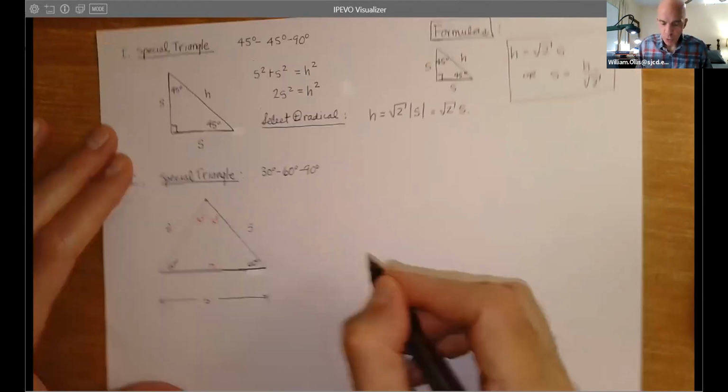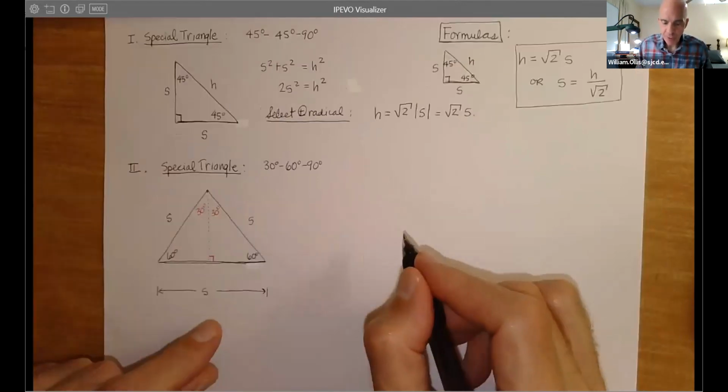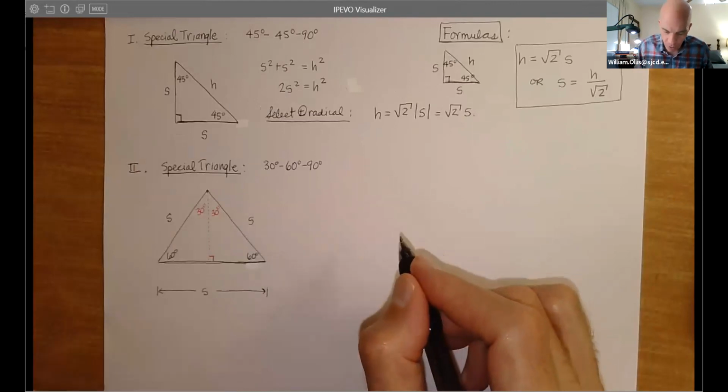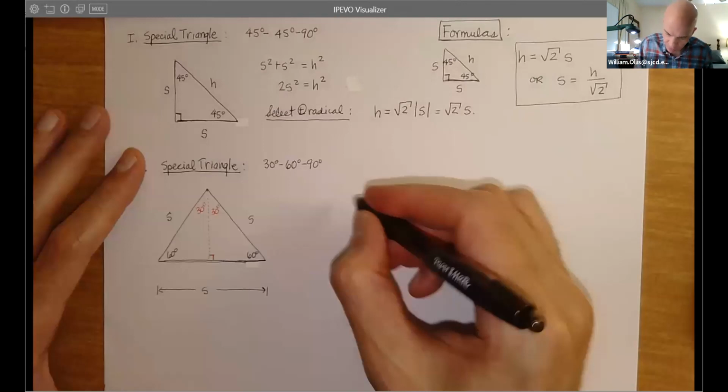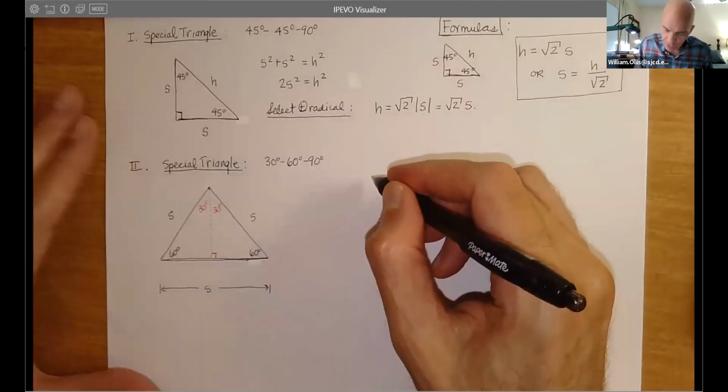What we notice with this triangle is that we have the Pythagorean theorem like we had before, but now we're thinking, okay, how do we want to label this so we've got something good? So let's just go ahead and take the part that's 30, 60, 90.